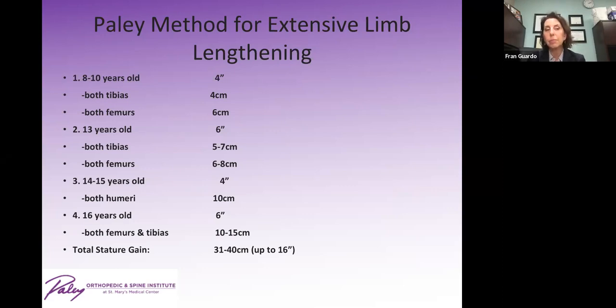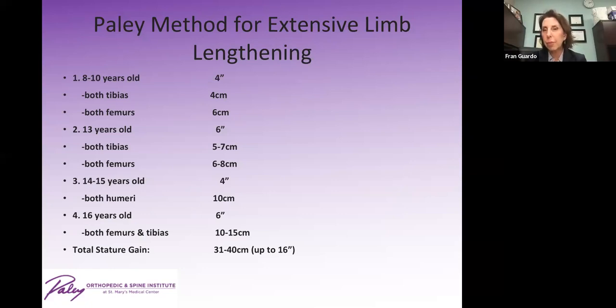So really that one can be thrown in somewhere in the middle there. And the patient can get up to 10 centimeters with the upper extremity lengthening of the humeri. And then for those who want it, around 16 years old, they can undergo another lower extremity lengthening, which is a 4-segment lengthening.